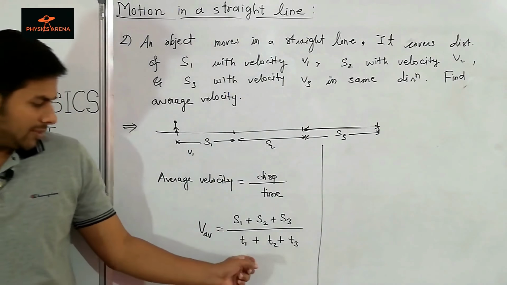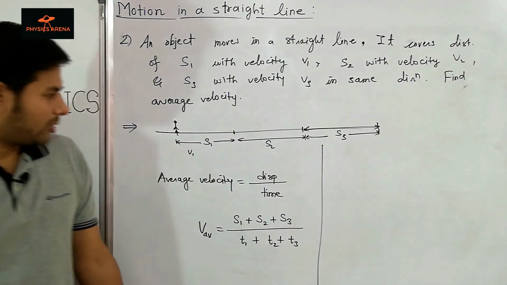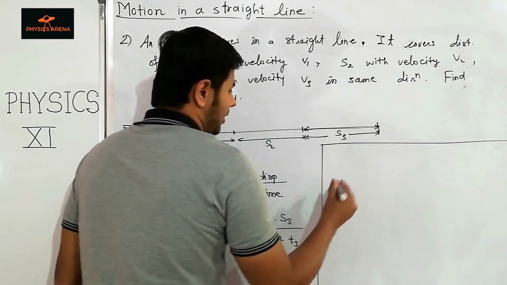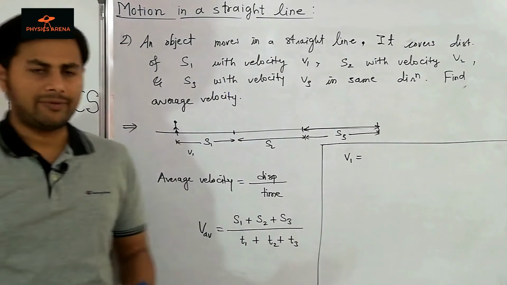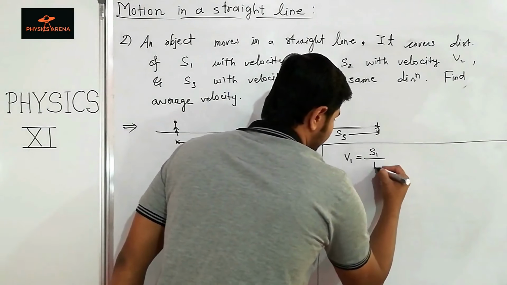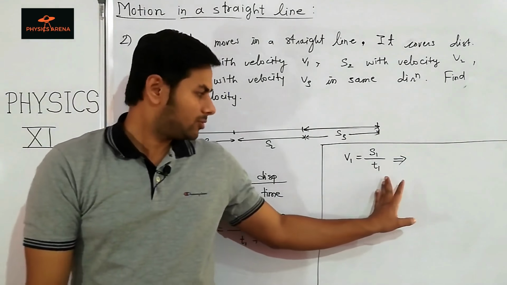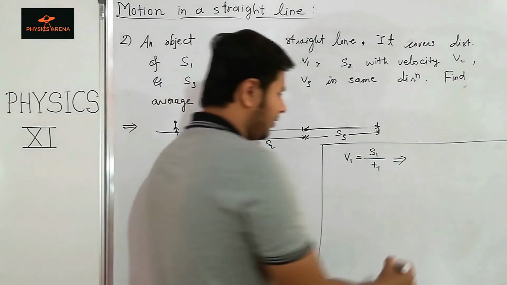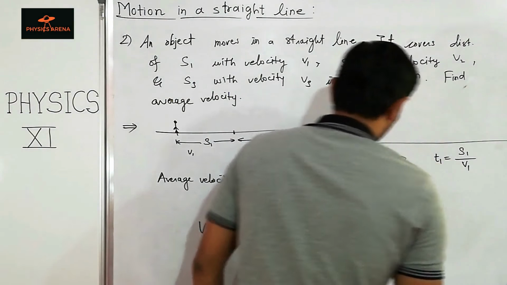Okay, after that we need to find these times t1, t2 and t3. So for that we know this formula, that velocity is equal to displacement divided by time. So v1 equals to, I can say, s1 upon t1. It gives me t1 equals to, if I take t1 on this side, v1 on the other side, I will get t1 equals to s1 divided by this v1.